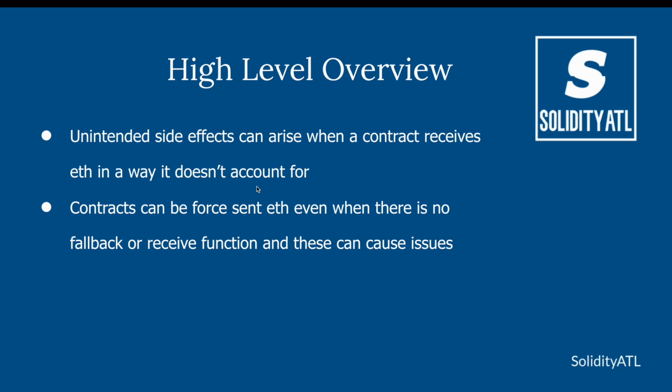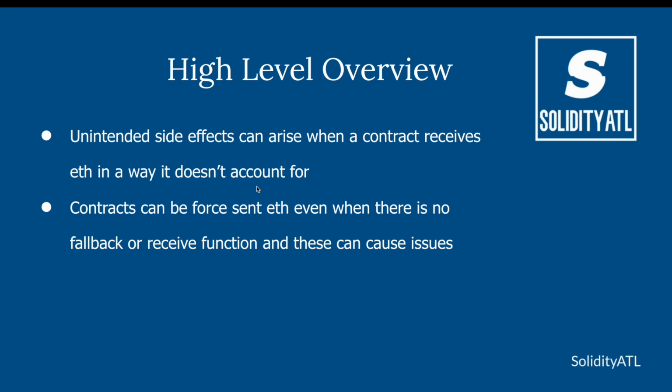All right, so let's look at a high-level overview. There are unintended side effects that can arise when a contract receives ETH in a way it doesn't account for. Contracts can be force sent ETH even when there is no fallback or receive function, and these can cause issues. So if you think a little bit more about some things we learned when diving deep into the EVM, there are ways for contracts to receive ETH outside of the fallback or the receive function, and this can be due to a self-destruct.